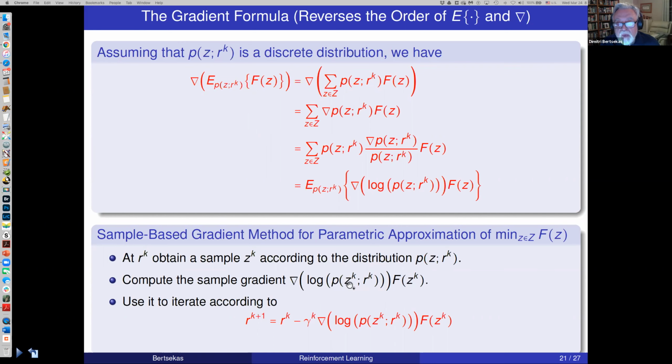We have Rk, we have the sample. We calculate the cost function at Zk. We calculate this logarithm and the gradient of the logarithm with respect to Rk at the sample Zk, and we use this as the incremental gradient direction.